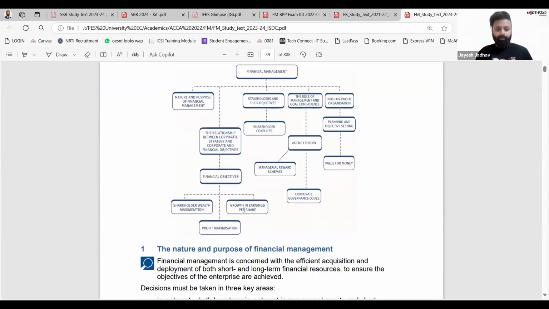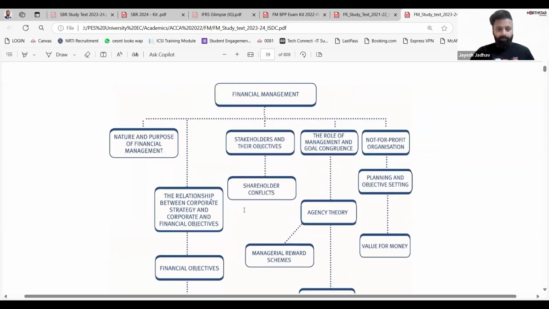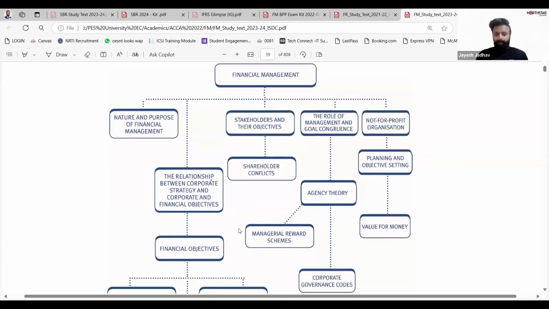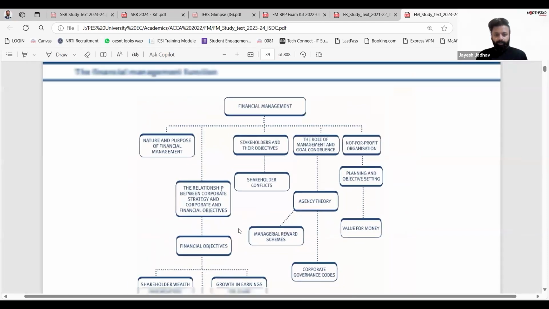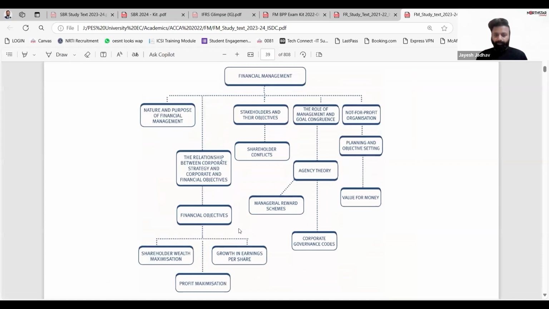Is the book visible? Yes, sir. Okay, how many terms out of these are we familiar with? I'll just zoom out a little so that we can see the entire chart in one page. Is it big enough for everyone?